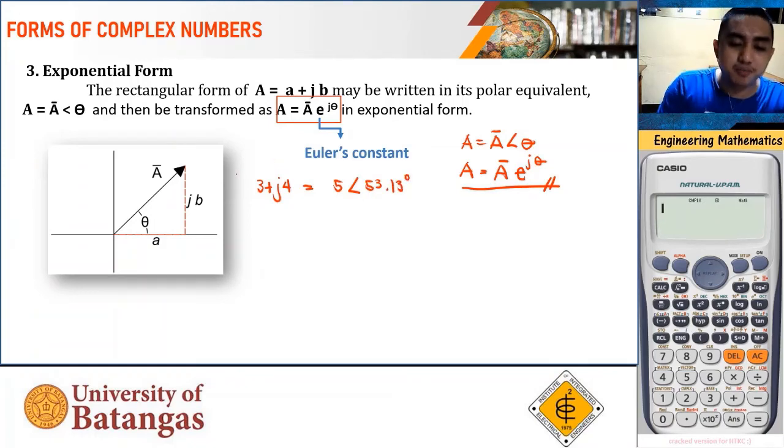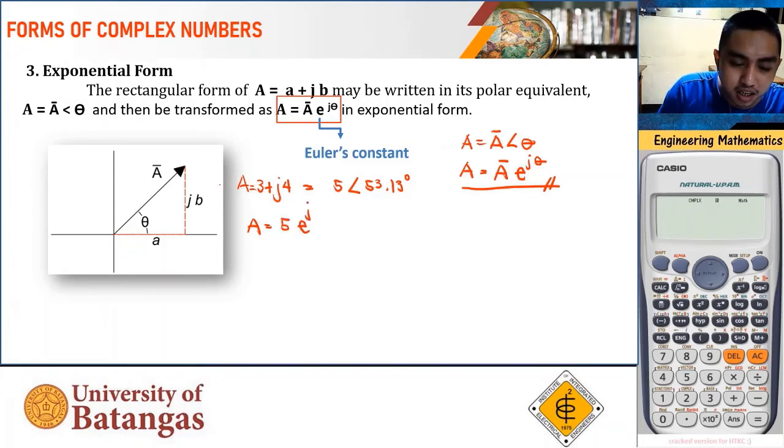Okay, so itong ating rectangular form at saka itong ating polar form, pwede din natin siyang ilipat sa exponential form. So, ang mangyayari lang dyan, ang ating complex number will be A equals 5 e raised to j 53.13.